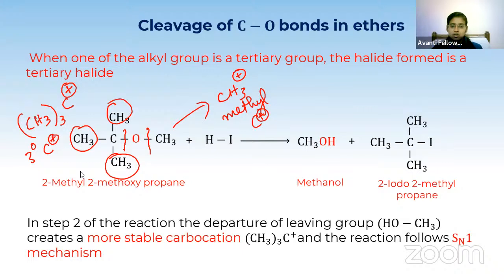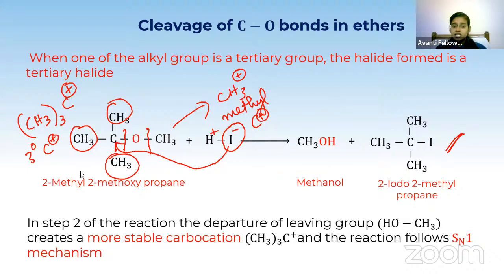For the formation of this tertiary carbocation, this bond is getting cleaved, and the nucleophile, I minus from HI, comes and attacks this tertiary carbocation, leading to this product. Can you all understand? This is very important. If you have a methyl or ethyl as your alkyl group in the ether, then there is no issue.